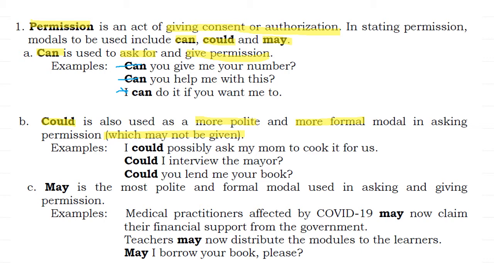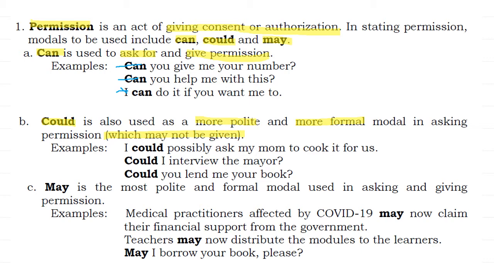There is the word possibly. So if granted, or if the mom's schedule permits, then she could possibly cook for us. But if not, if she has so many schedules, then it might not be granted.